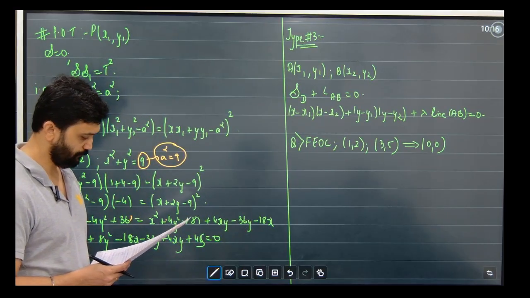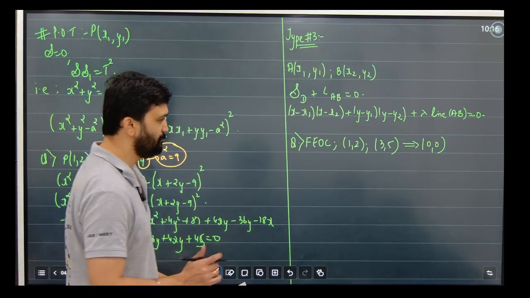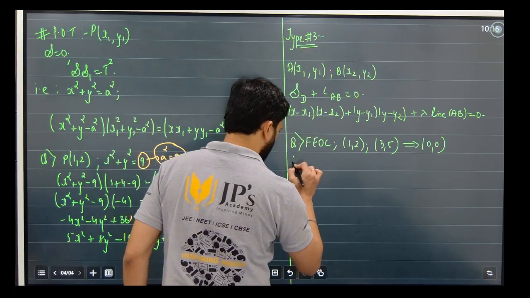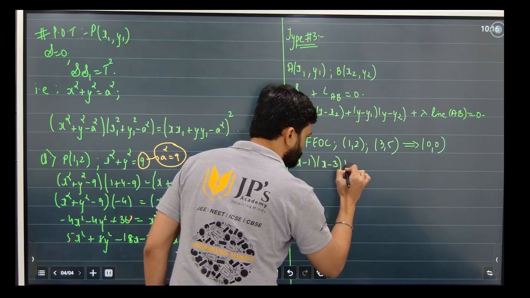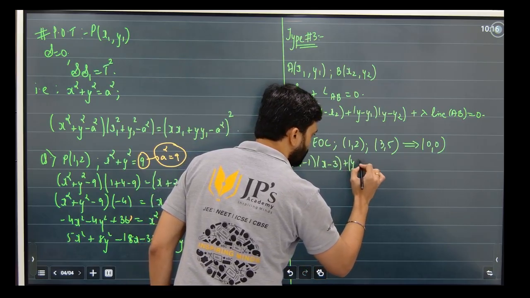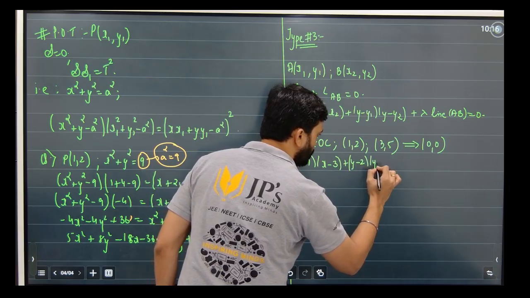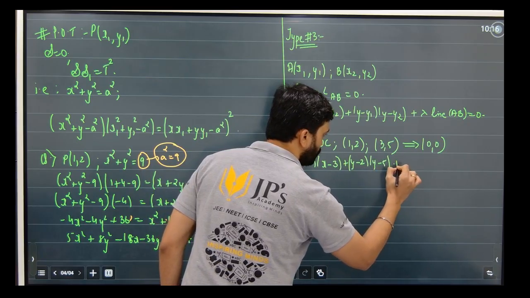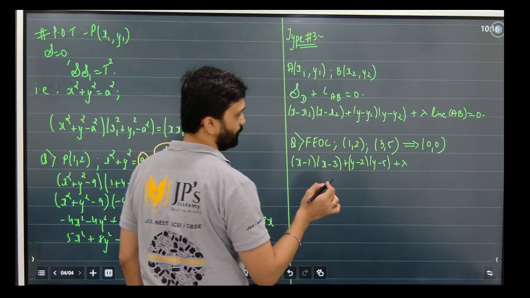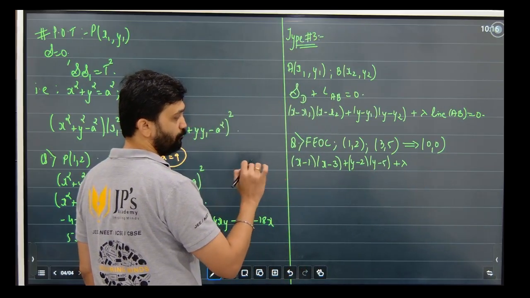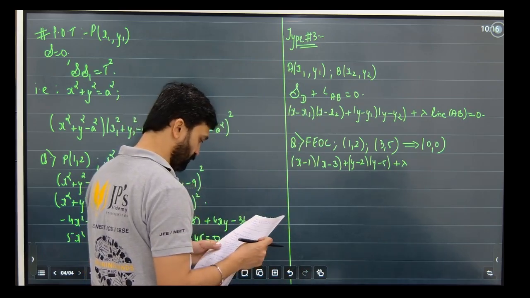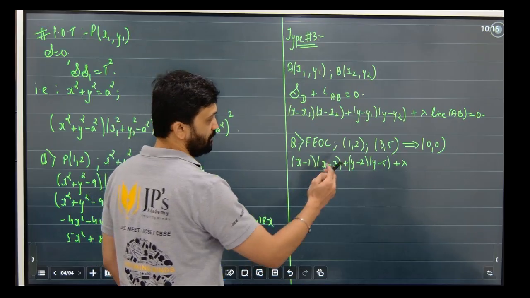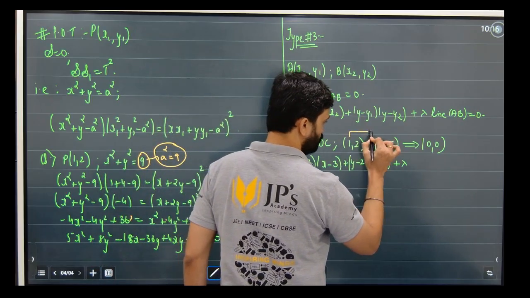Now if I use the diameter form, this will become x minus x1 into x minus x2 plus y minus y1 into y minus y2 plus lambda into the line AB. For lambda you have to find the equation of line AB, and for this you have to use the 2-point form.